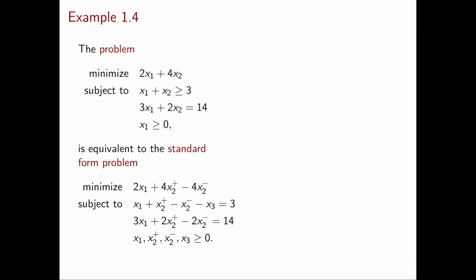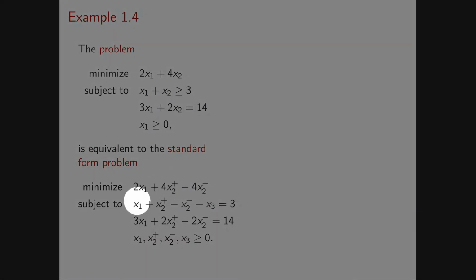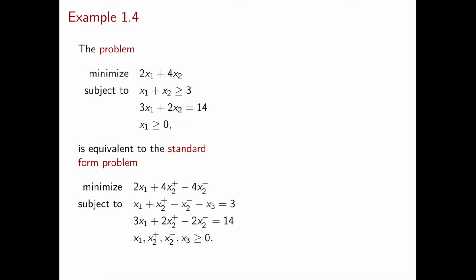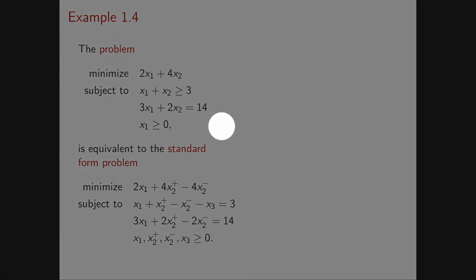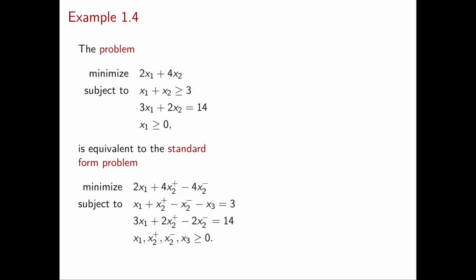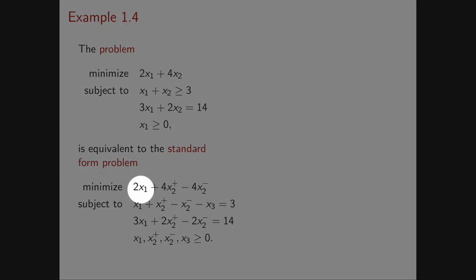The idea here is that if you have an optimal solution to the problem below, then you can easily obtain an optimal solution to the problem above, and the way to do that follows directly from the introduction of our rules. For example, the optimal variable x1 exactly corresponds to the optimal variable x1 of the original problem.